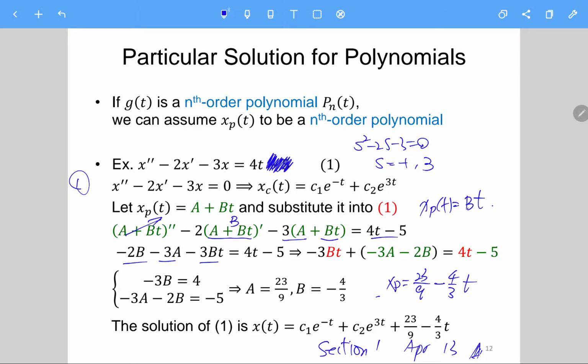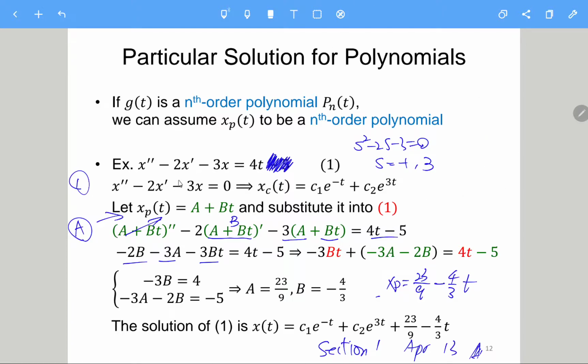If you consider this is A, this is B, who do you think A is correct? No one. Who do you think B is correct? Okay, no one.